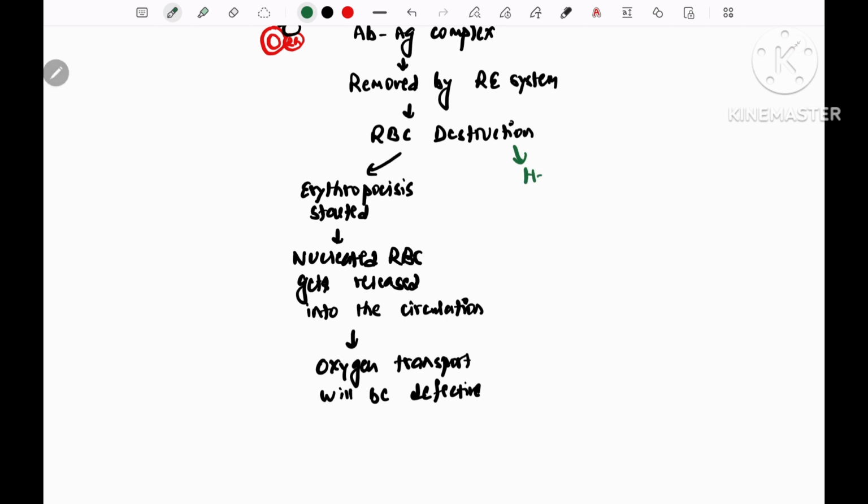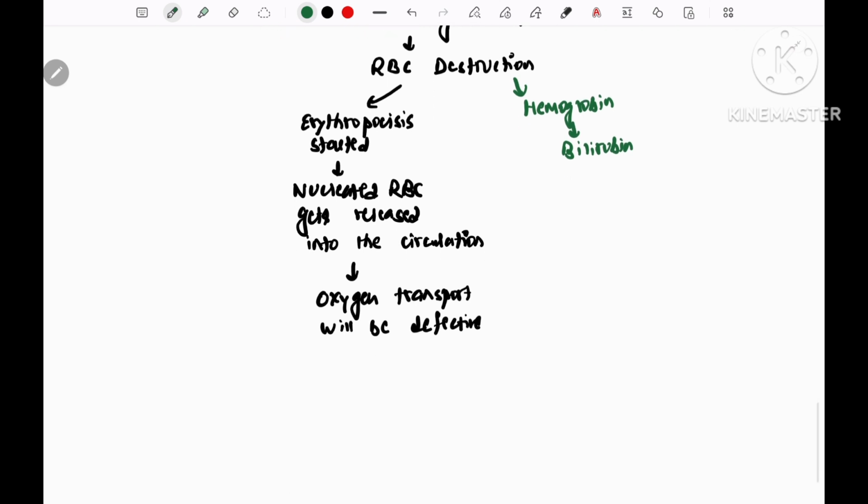This hemoglobin gets converted into bilirubin, and this bilirubin is initially unconjugated.